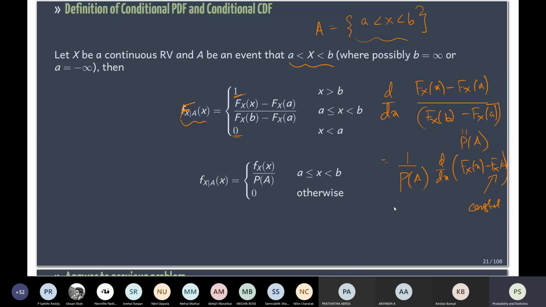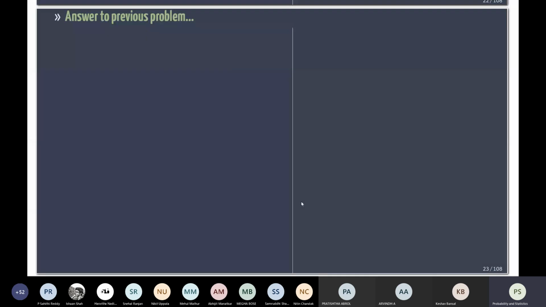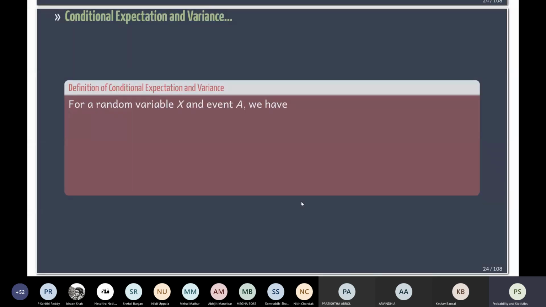So that's how we get this. We have a proof of this, so that's that case.